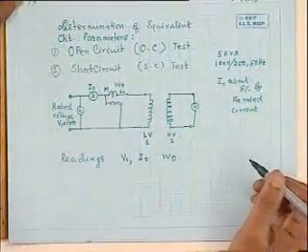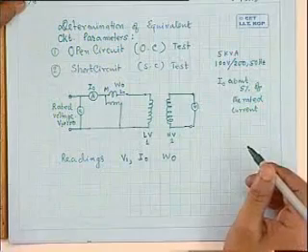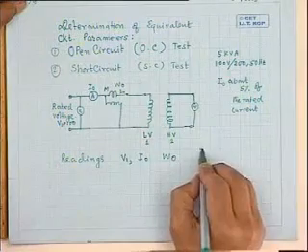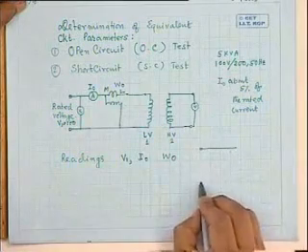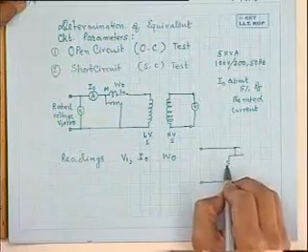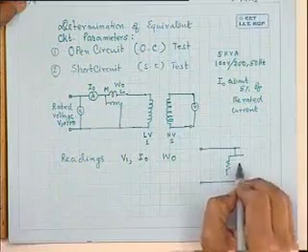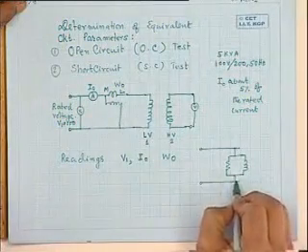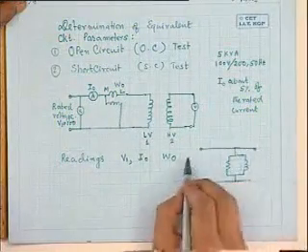And what will be the phasor diagram under no load condition? The approximate equivalent circuit we know. So in the approximate equivalent circuit, the phasor diagram looks like this one. This impedance has been brought forward, the magnetizing branch and the core loss component of the resistance.